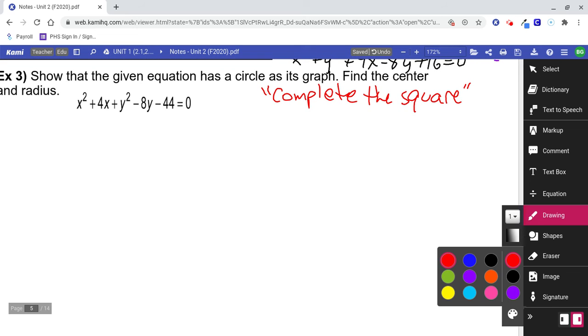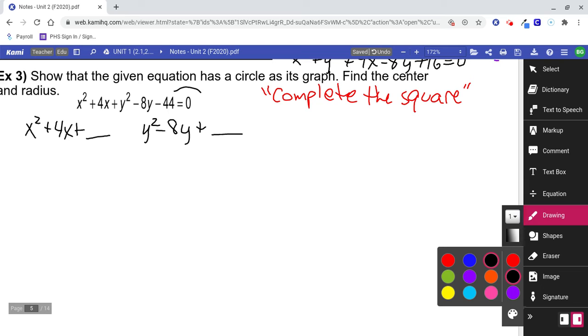Okay. We want to kind of split the x's and the y terms. So you kind of separate them, leave some space, I guess. Okay. Basically completing the square, put a blank here and a blank here. All right.